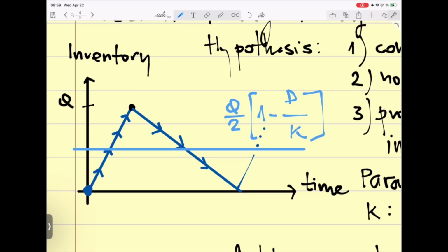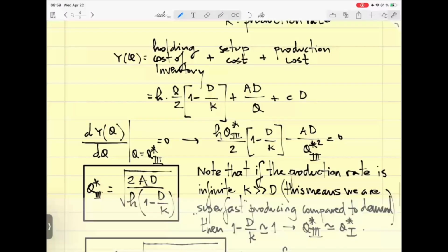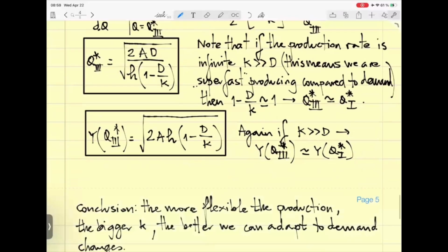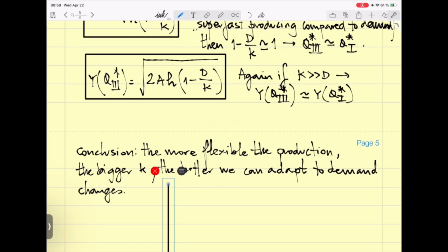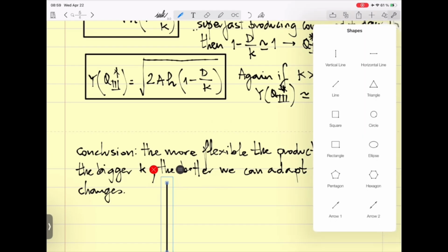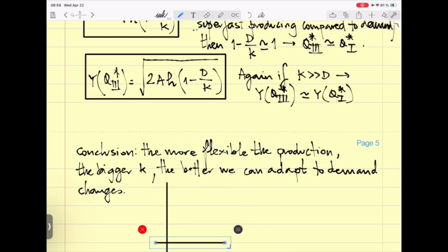This is the geometric meaning. Let me paint it, I guess. Maybe it helps. So this is time, this is inventory.